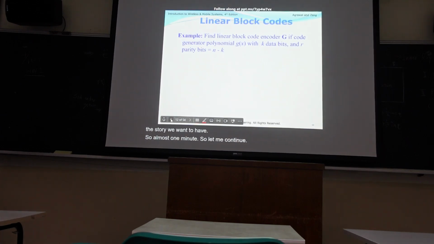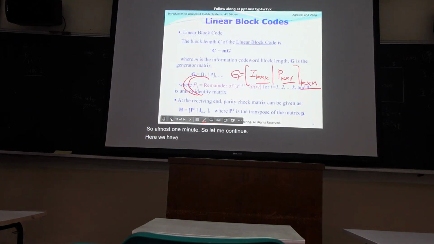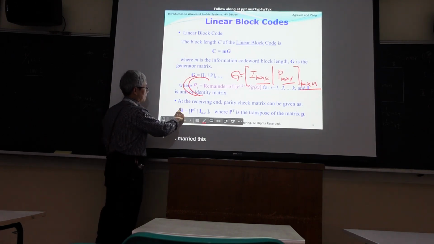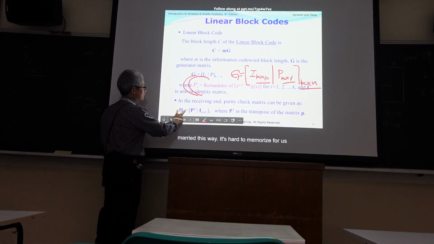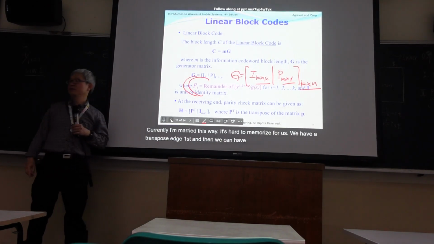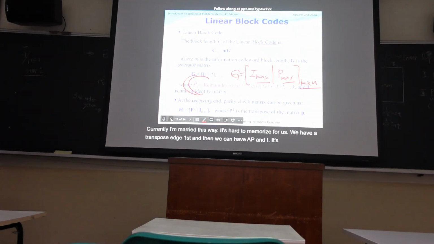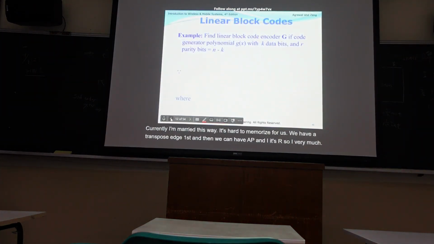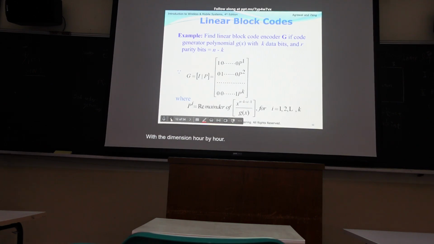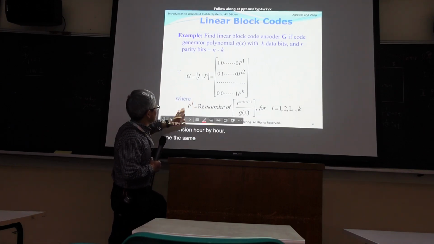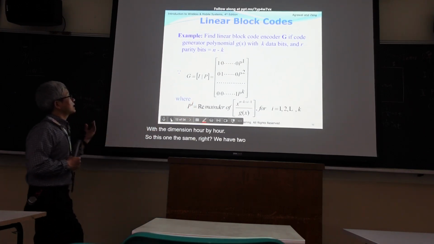Here we have H. Currently, this way, it's hard to memorize, so perhaps we have transpose H first, and then we can have P and I_r, the identity matrix with dimension r by r. So this one, the same, right? We have G equal to this, we have the weight, so up to now the same.